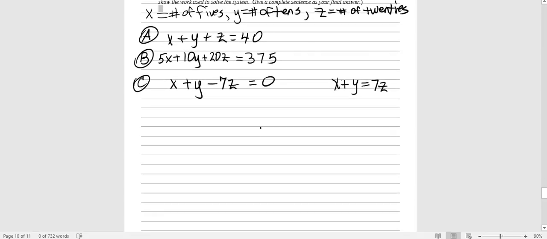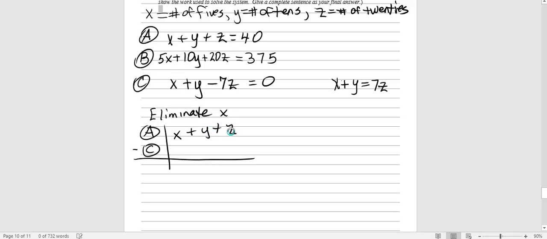All right, so this is an equation. I'm going to choose to eliminate x first. And I'm going to do that by adding A to a negative C. So I'm going to change the sign of every term in C. So I get negative x minus y plus 7z equals negative 0, which is still 0.